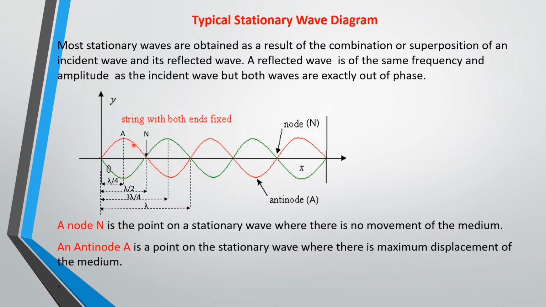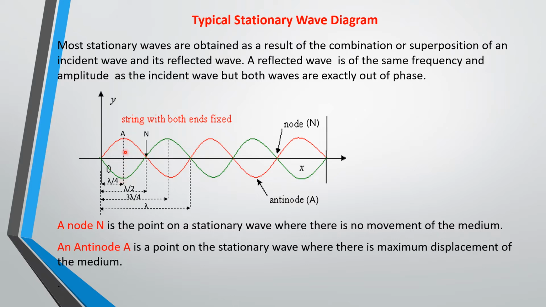Now the node is a point on the stationary wave where the reflected wave and the incident wave meet. While the antinode is a point on the stationary wave where you have a maximum displacement of the medium.